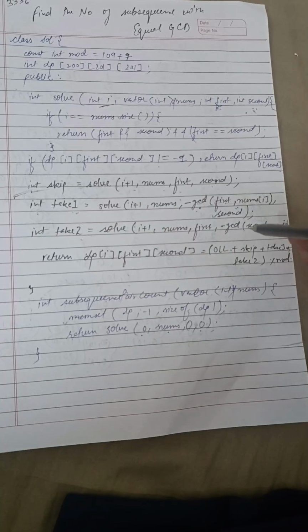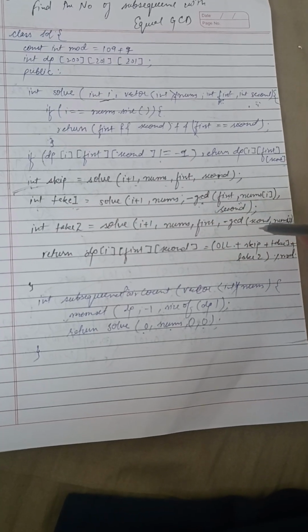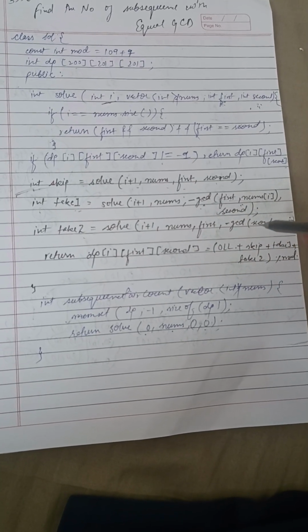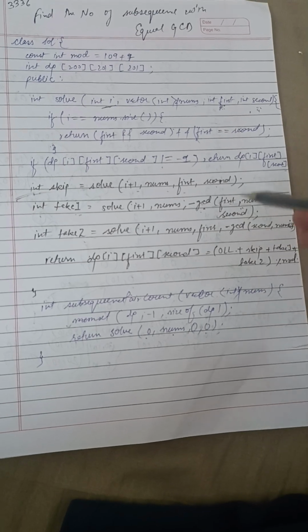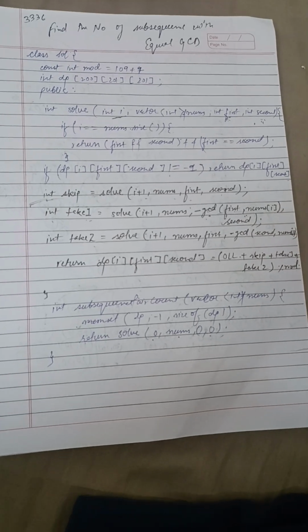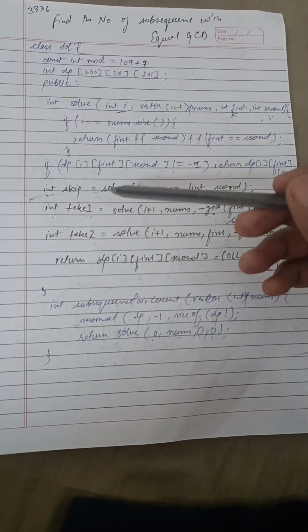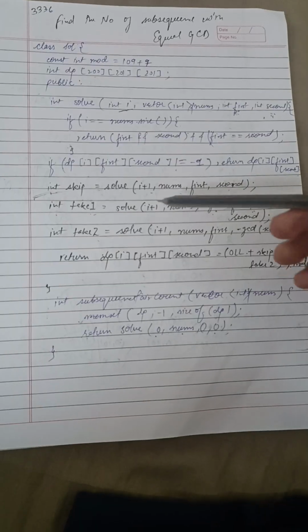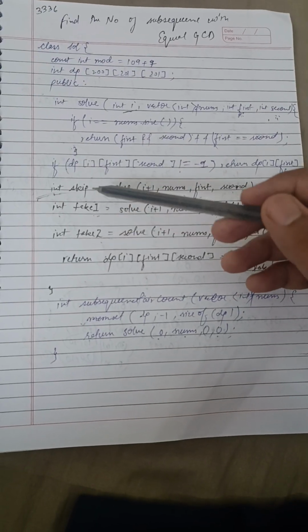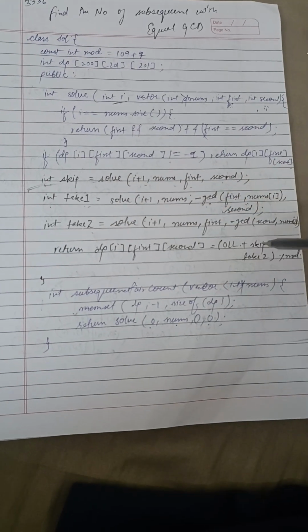Similarly with take 2, I leave first the same and add the number to second, and the result is stored in the second variable. As done, I call it recursively, and I add all those three ways and return it.